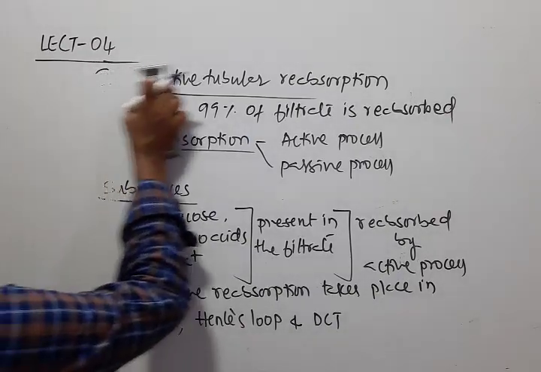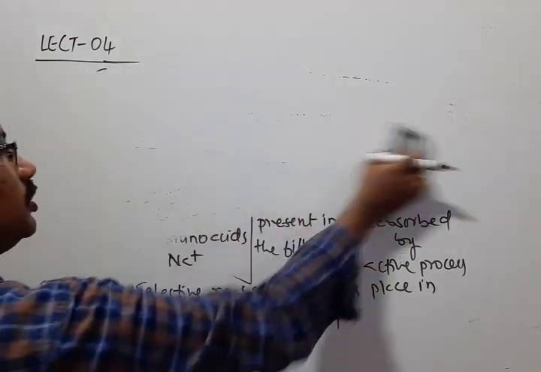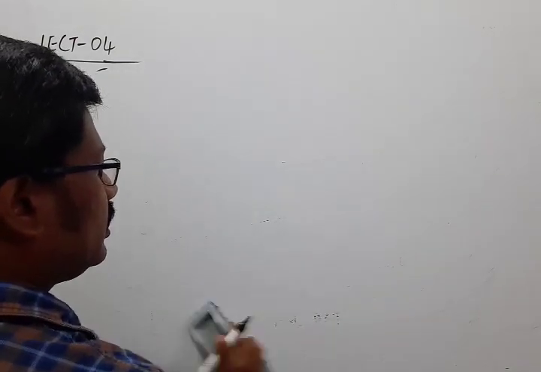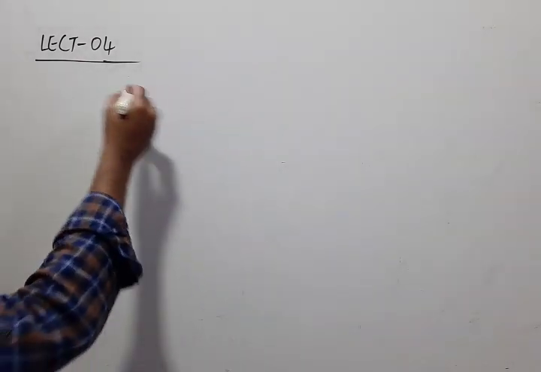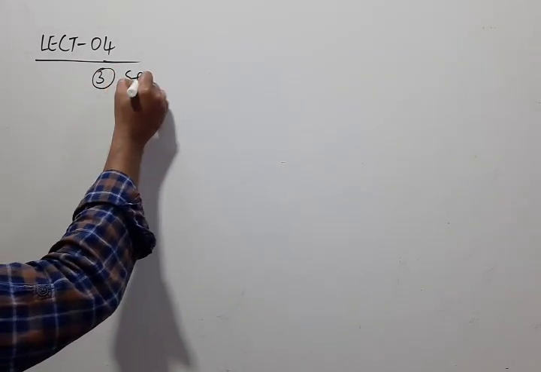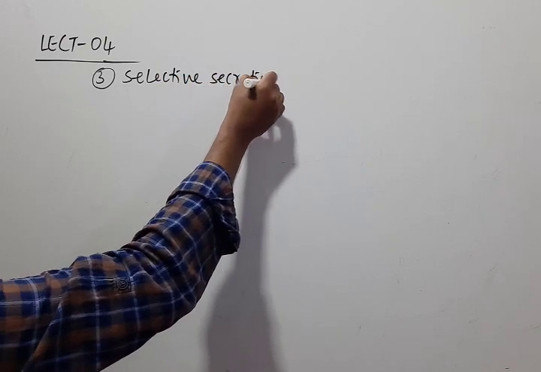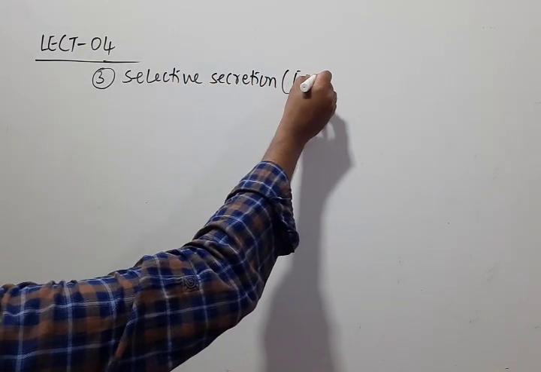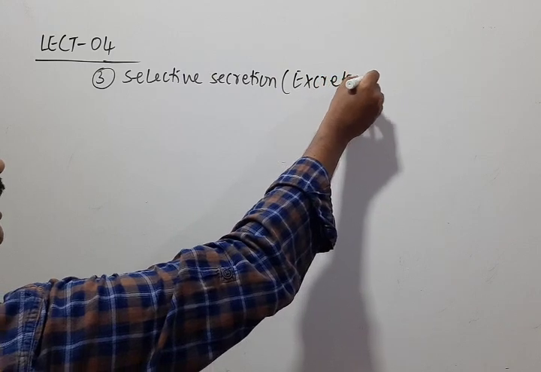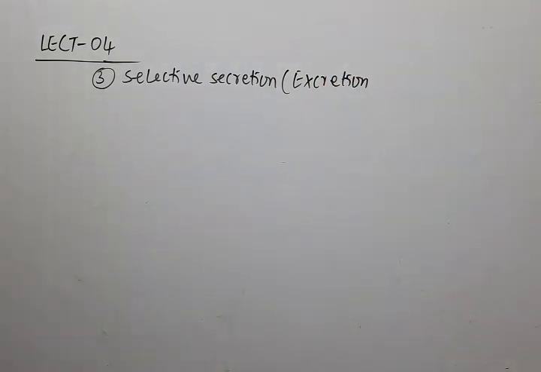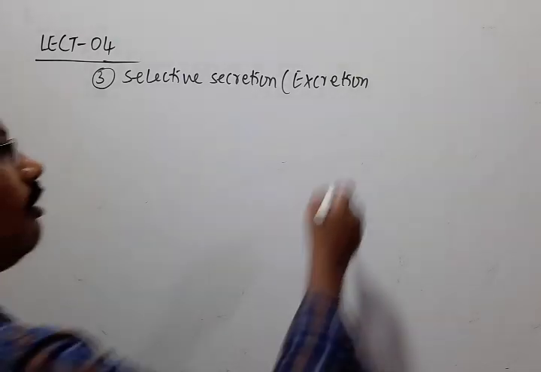The third step in the formation of urine is the selective secretion, which we can also call excretion, or one more word we have here is augmentation.